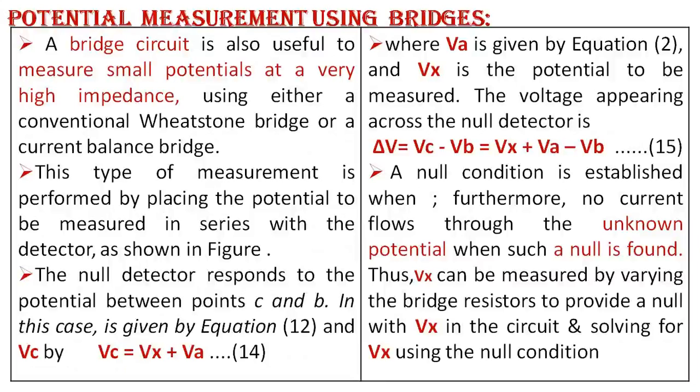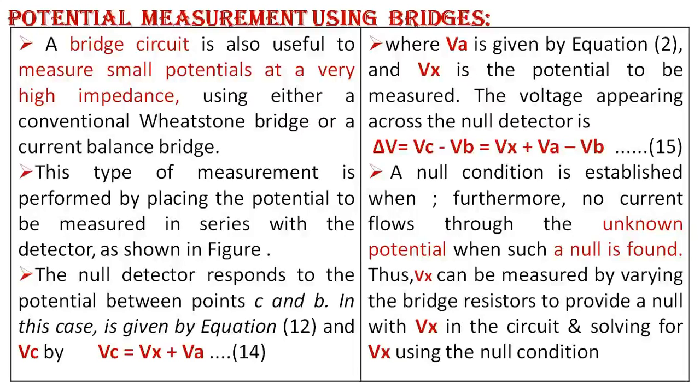A bridge circuit is also useful to measure small potentials at a very high impedance, using either a conventional Wheatstone bridge or a current balance bridge. This type of measurement is performed by placing the potential to be measured in series with a detector as shown in the figure.